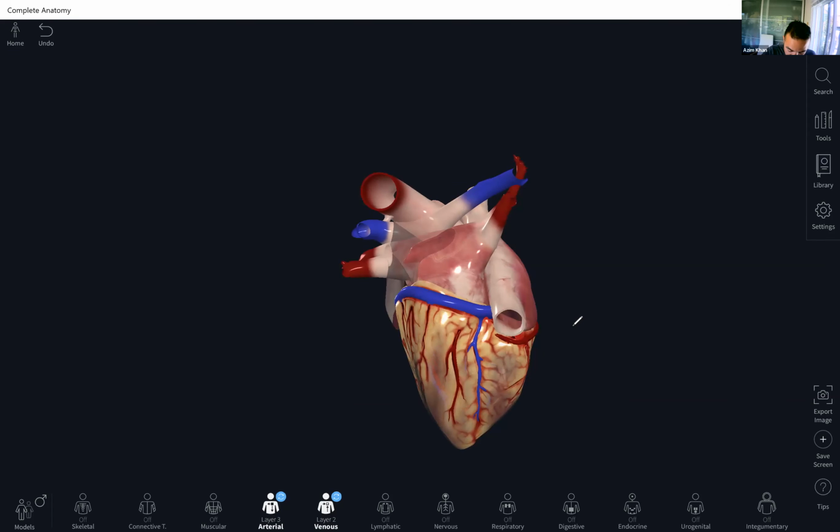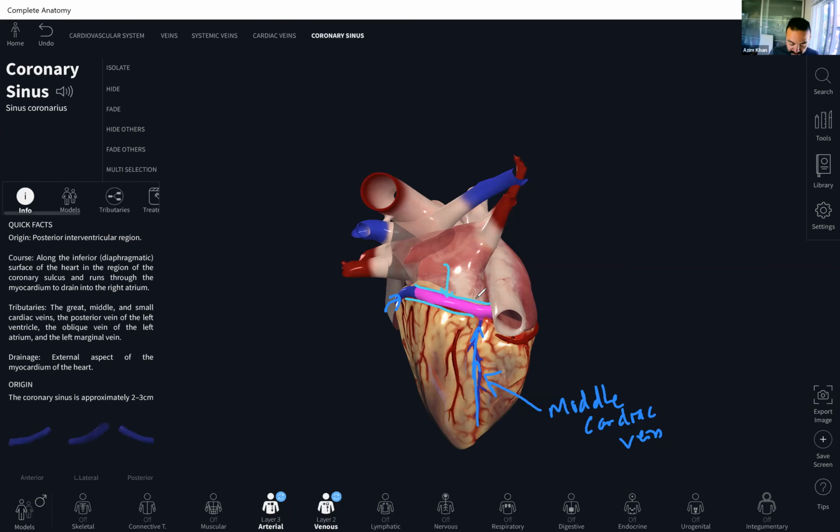Here you can see the middle cardiac vein. So this comes up, and then both drain into this major blood vessel, and that is the coronary sinus. The coronary sinus is found in the posterior coronary sulcus.